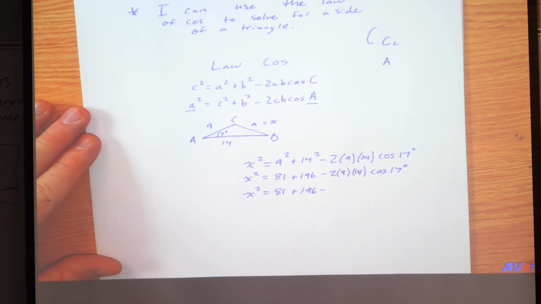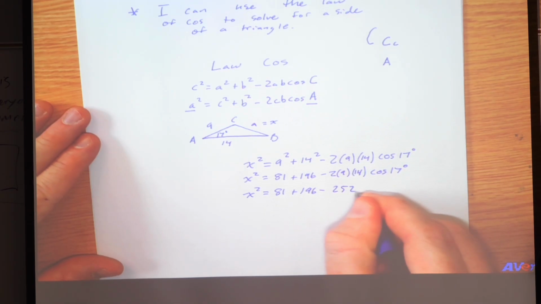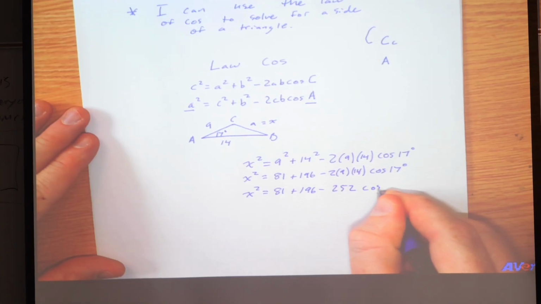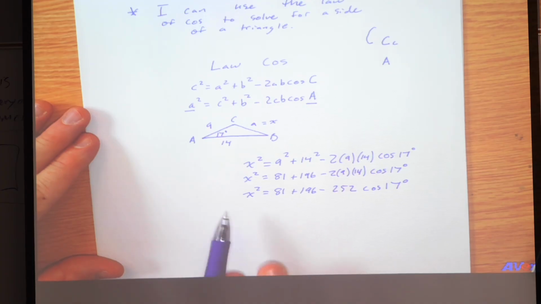So we'd have 2 times 9 times 14, which is 2 times 9 is 18, and 18 times 14 is 252, times the cosine of 17 degrees. All right, now we can do our adding here.